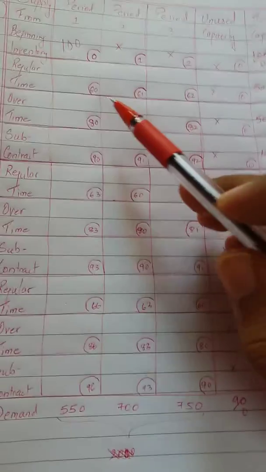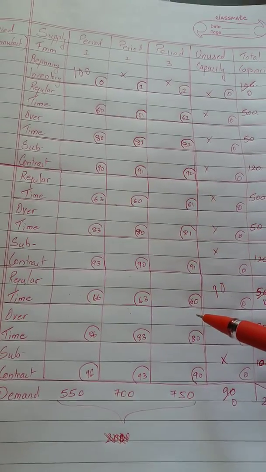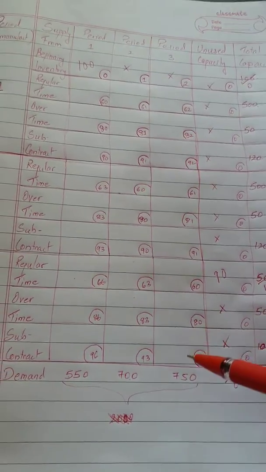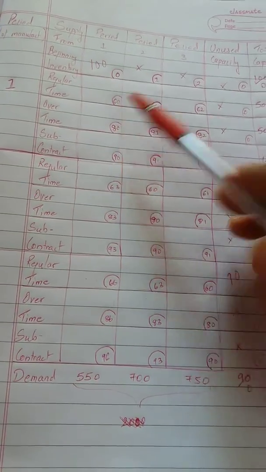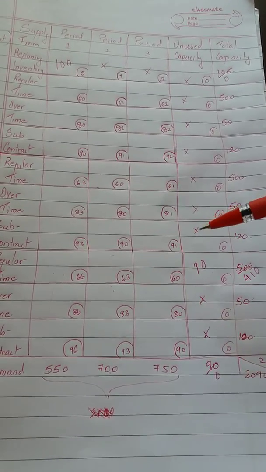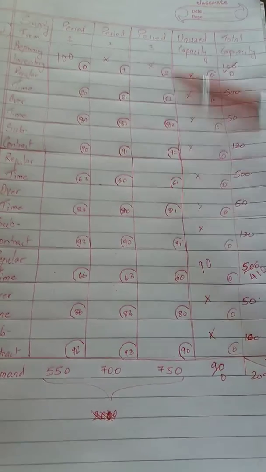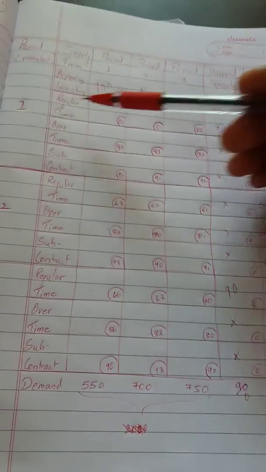Now let's see which is the next least cell. I think it's a 60. Now you've got 2 choices, this 60 and this 60. But let's just say that we select this 60 again arbitrarily because this is the first period.